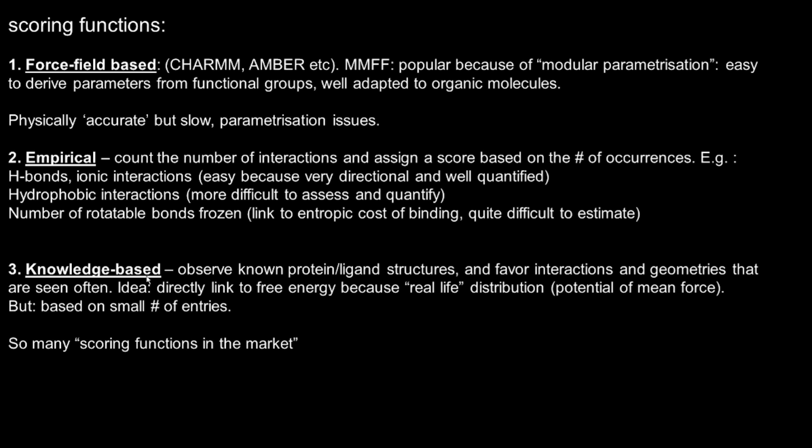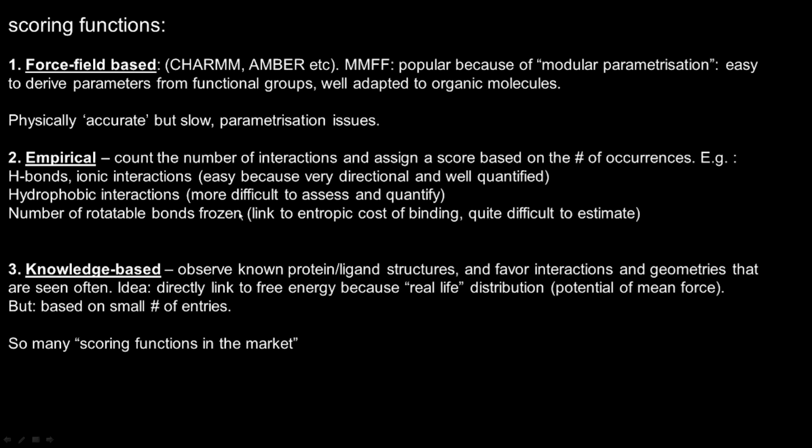Force field based: as you know, we talked quite a lot about force fields, CHARMM, AMBER, different MMFF and all that. Based on these force fields, we can calculate a scoring function. Empirical scoring functions count the number of interactions and assign a score based on the number of occurrences, for example, number of hydrogen bonds, ionic interactions, hydrophobic bonds, and rotatable bonds that got frozen because of binding.